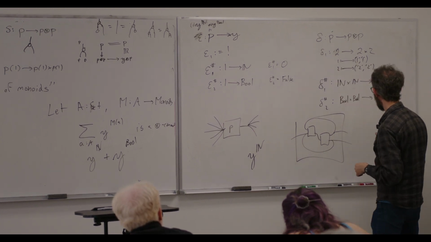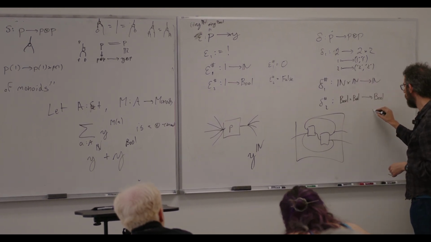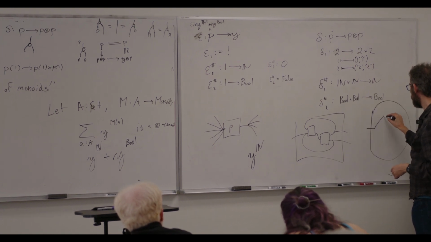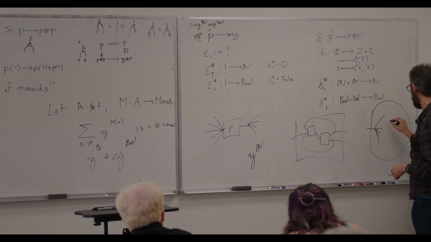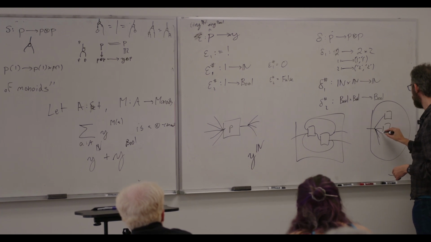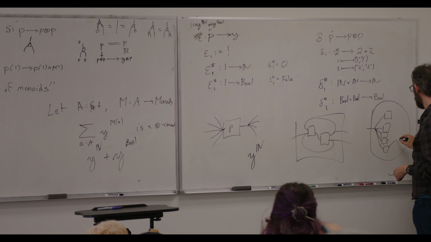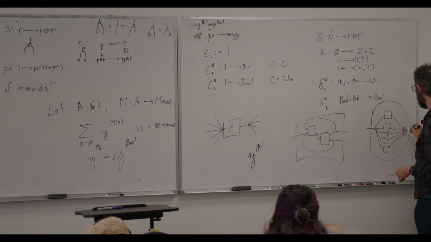So tensor monoids, we drew this weird picture where you had something coming in and splitting to a bunch of different ones inside. We had this picture on the board before. And we said somehow you could use this data to do this distribution.